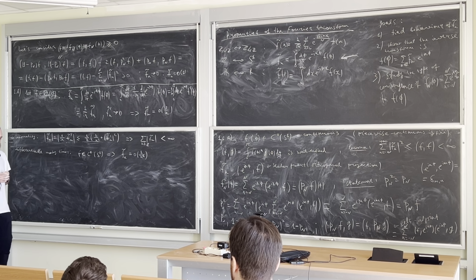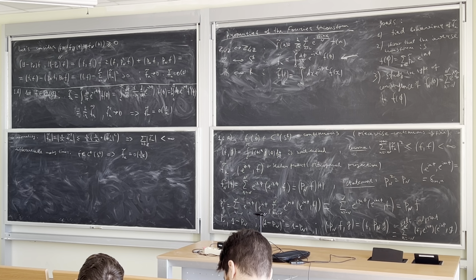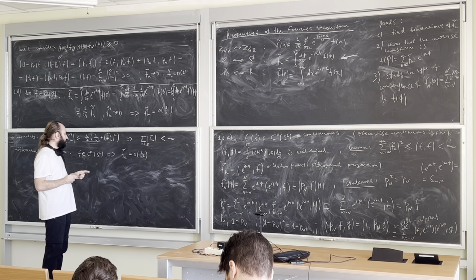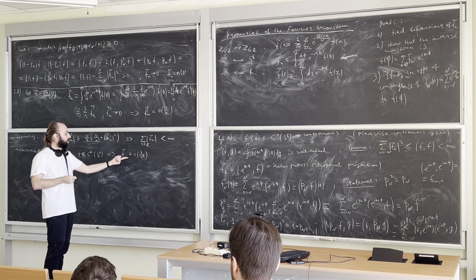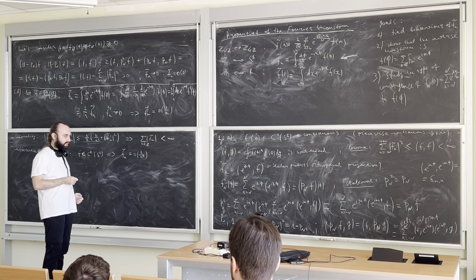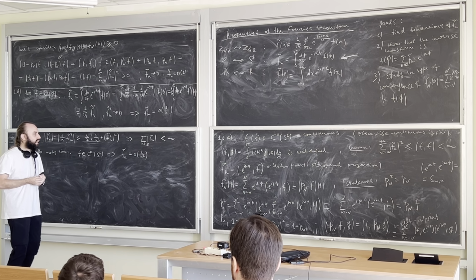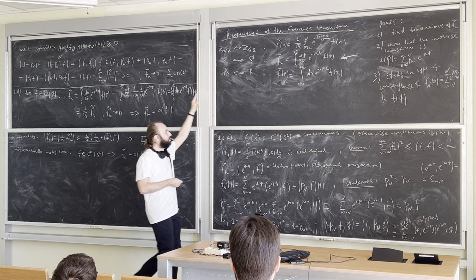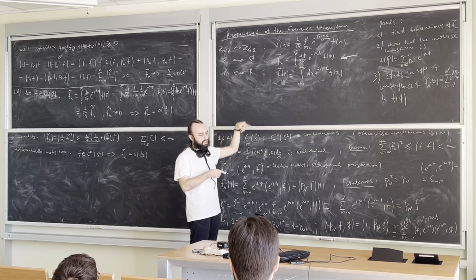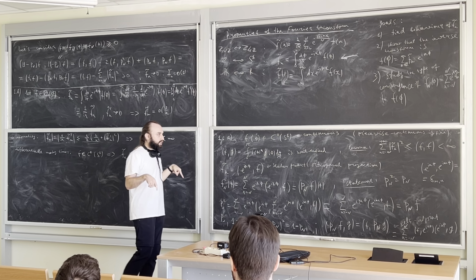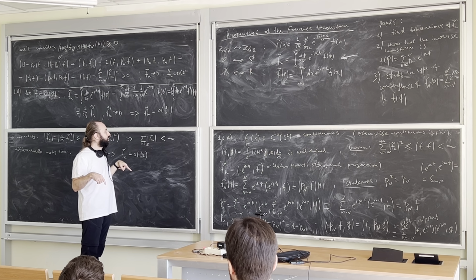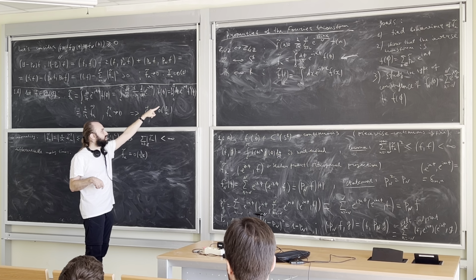So the message is that if you consider a smooth enough function, then its Fourier coefficients behave nicely at big n, and it also works for the Fourier transform on the real line.